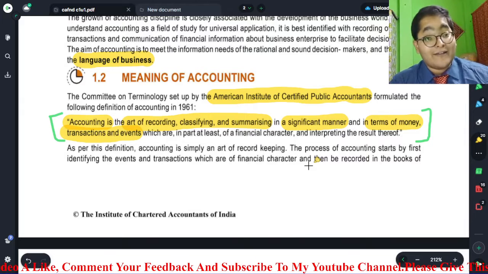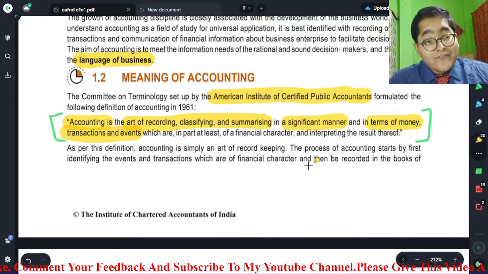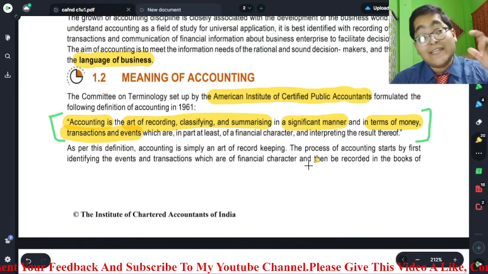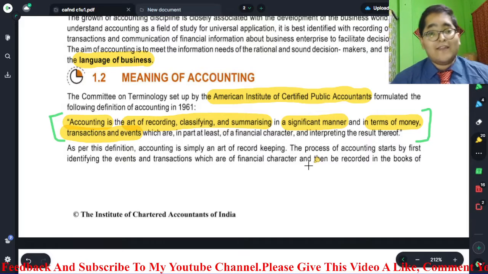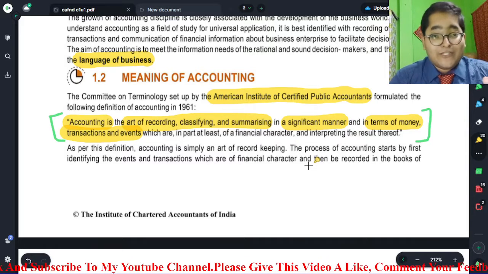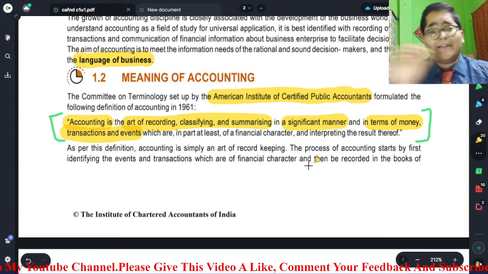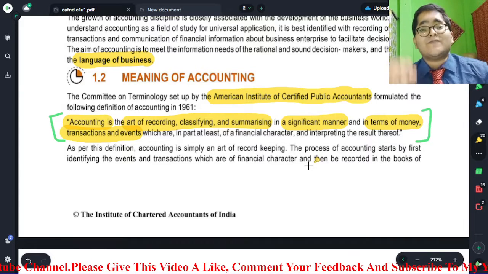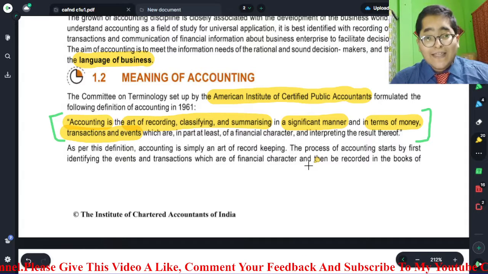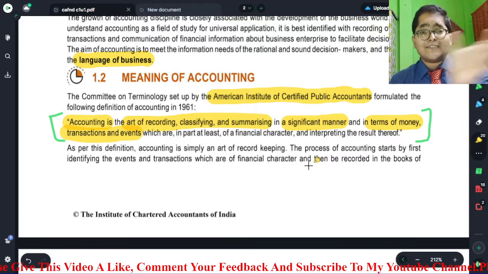Accounting is an art of recording, classifying, and summarizing in a significant manner. If we have a transaction in our hand and we just write it down, say expenses for rent is 5,000 rupees, it is just written down.